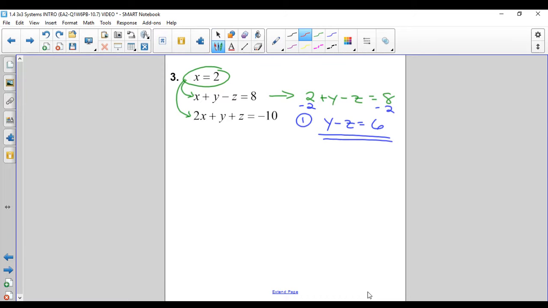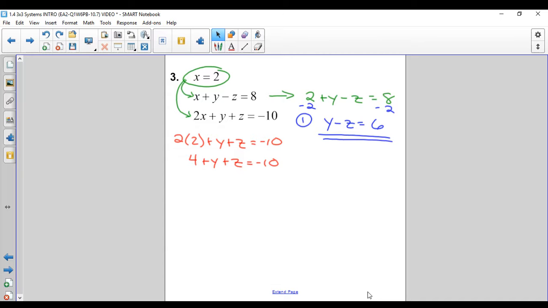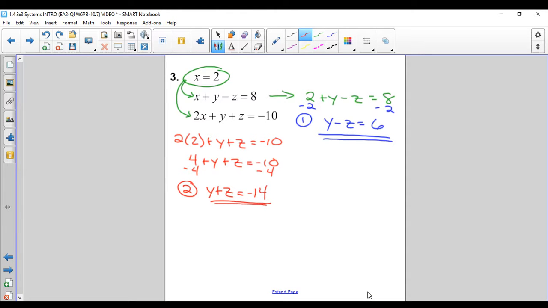The second equation, when we plug it in, is 2 times 2 plus y plus z equals negative 10. 4 plus y plus z equals negative 10. Subtract 4 from both sides. We get y plus z equals negative 14.